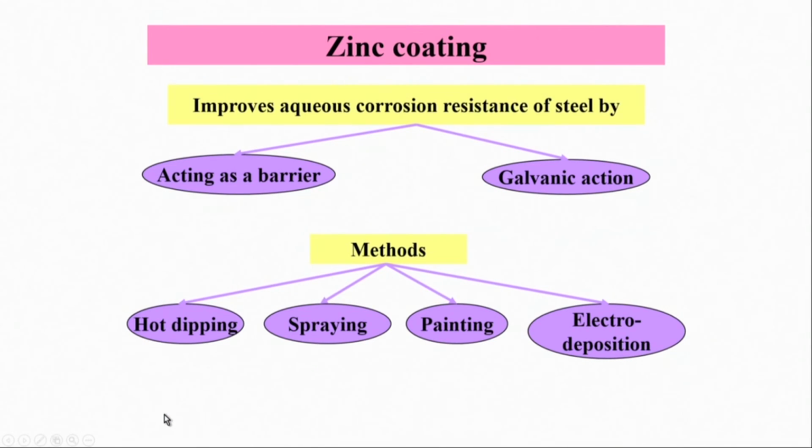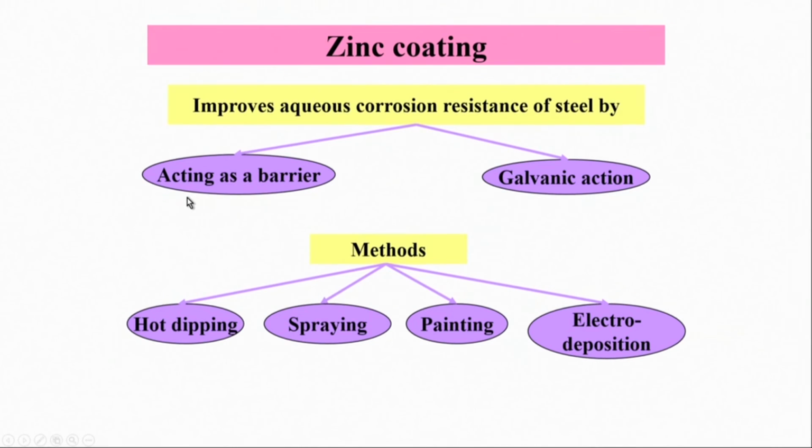And finally, the biggest industry of hot dipping is for zinc coating. You call it hot dip galvanizing. Zinc coating is very much applied for protecting against corrosion. When you apply zinc coating, zinc offers corrosion resistance in two ways. One is by acting as a barrier coating.